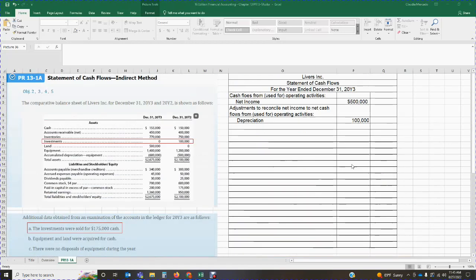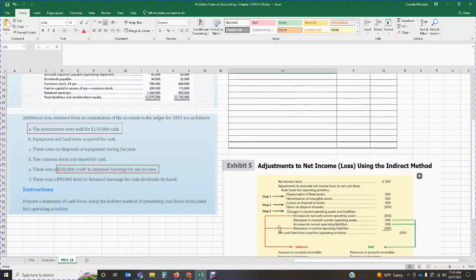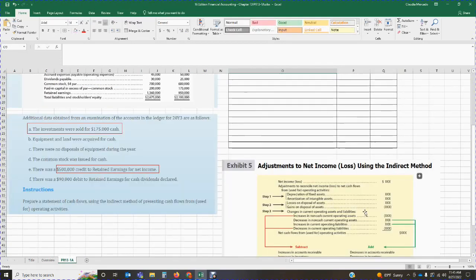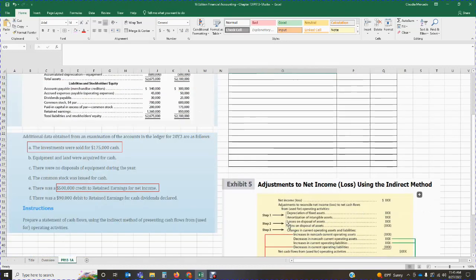So we're going to subtract the gain on sale of investments, and it's 75,000. We're going to put that in parentheses because according to the steps, if you have a gain, you have to subtract it. Why? Because we are accounting for the sale in the section for investing activities. So that covers number 2. We sold an investment.